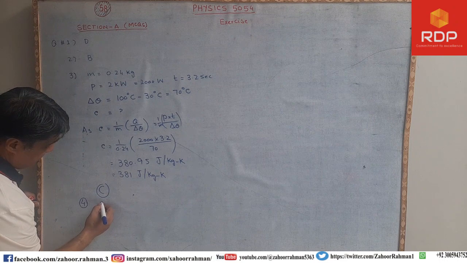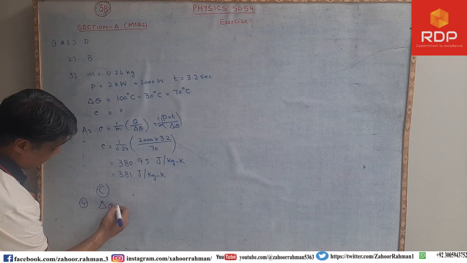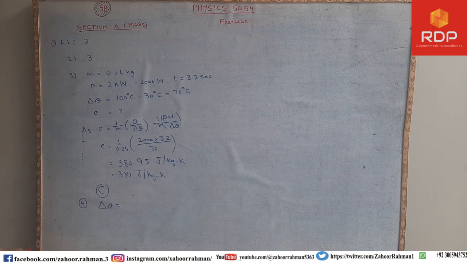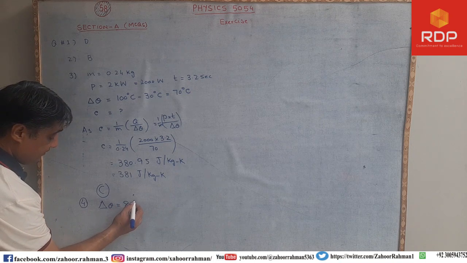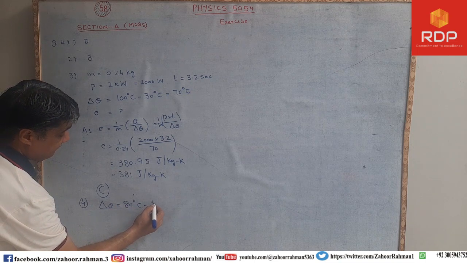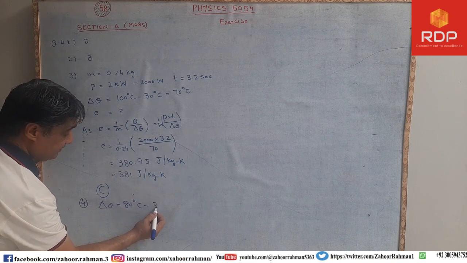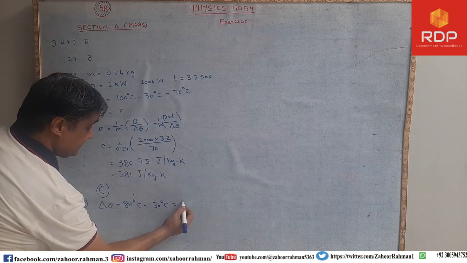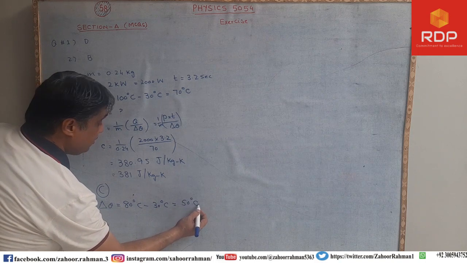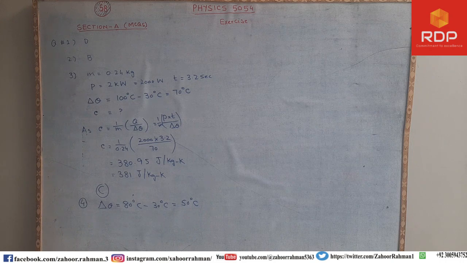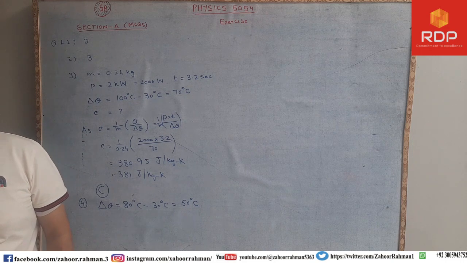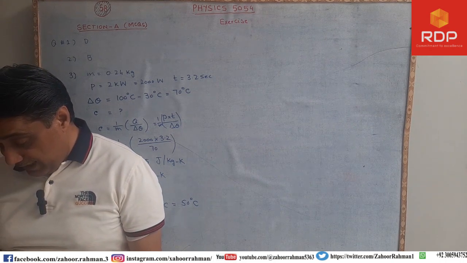So it means that delta theta is 80 degrees Celsius minus 30 degrees Celsius, which is equal to 50 degrees Celsius. This is the first piece of information we have.